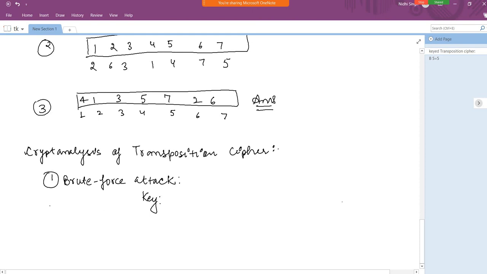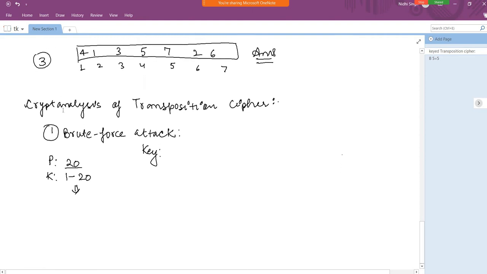Suppose my plain text length is 20. So my key can range from 1 to 20, because the maximum length is 20, so that is the permutation range, from 1 to 20. In order to find out the appropriate number of columns, you have to find out the factors of 20.